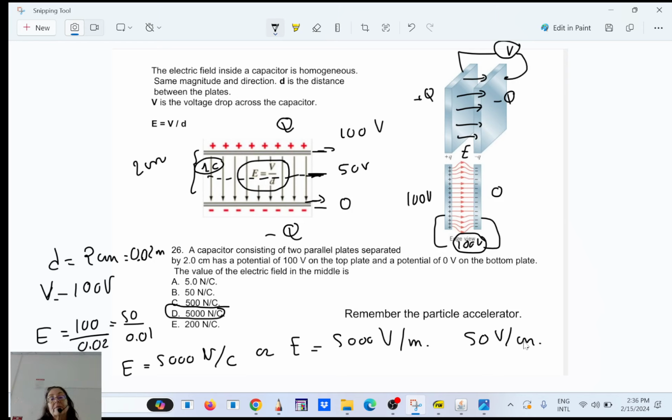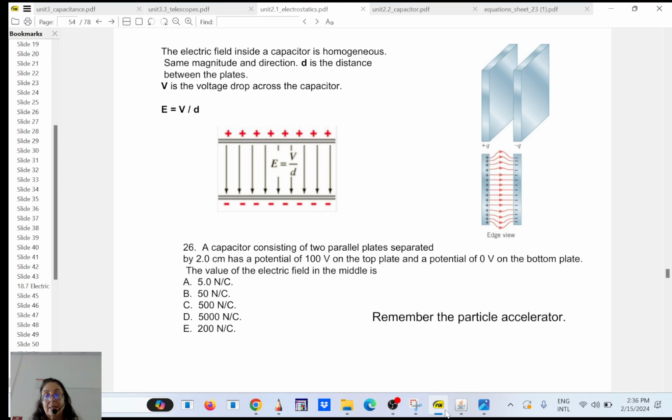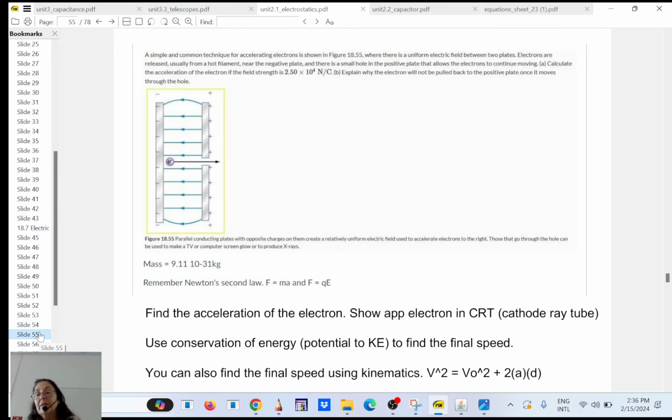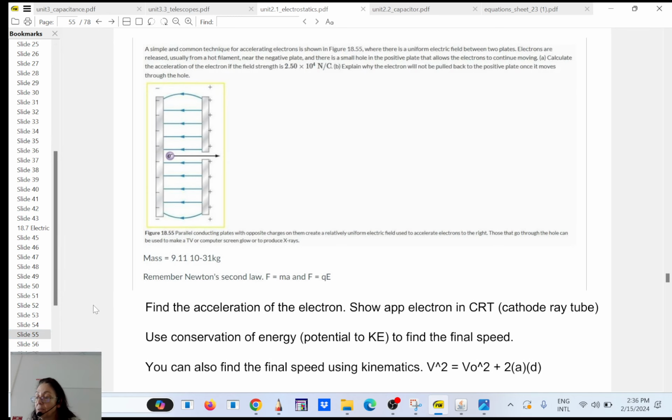In that case, for every centimeter, it's going to lose 50 volt. Is that clear? It's a slope. So the electric field is trying to bring a positive charge to a lower level of energy. So make sure you go over your textbooks. Very important you solve problems and so forth.